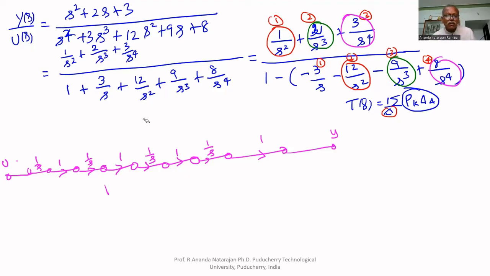Therefore, the gain of this forward path is 3, with 4 integrators. So this is over. Next one is 3 integrators with gain 2. So here it will join.